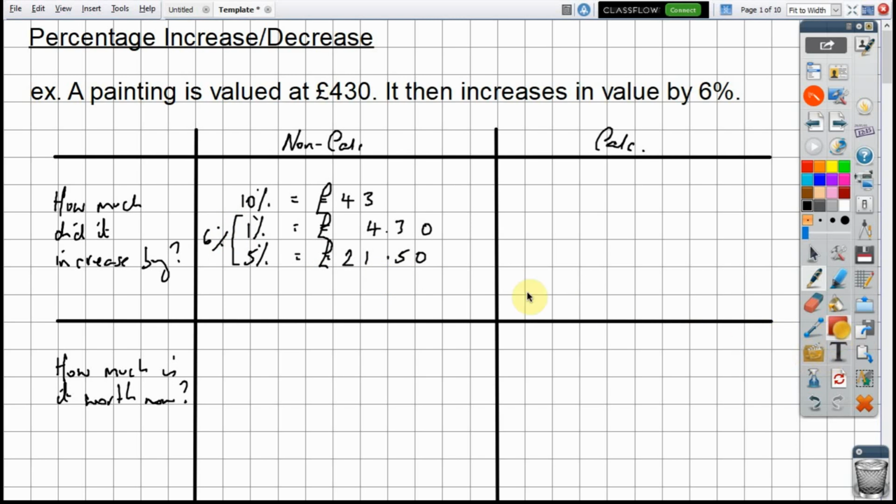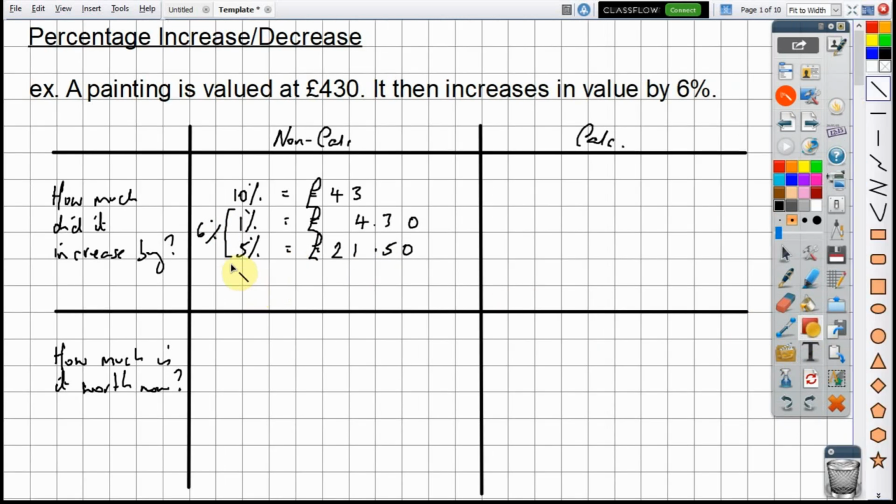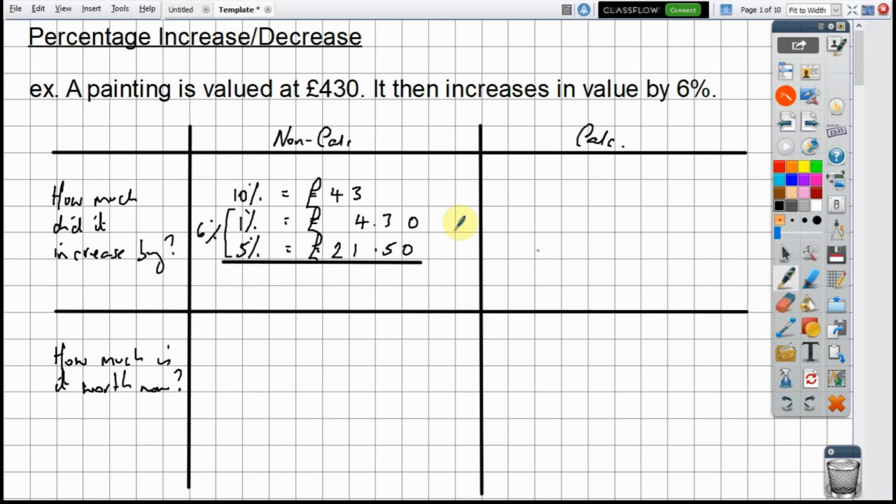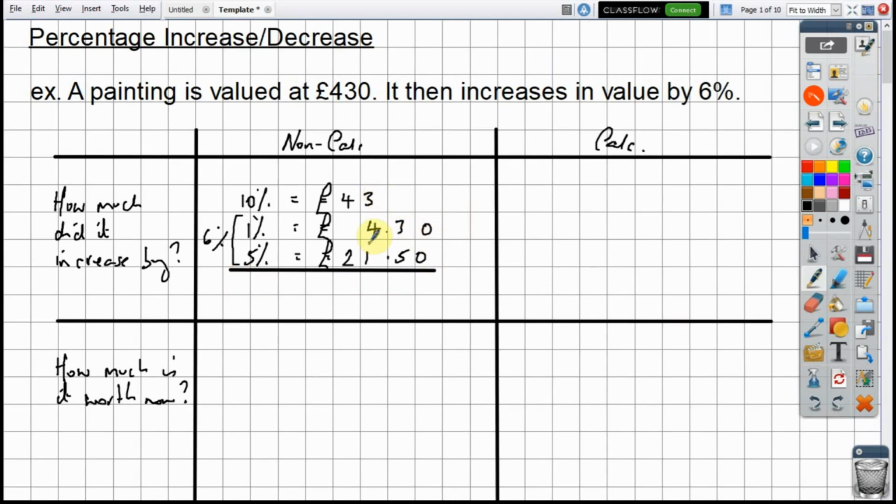So, probably the best way to set it out is simple column addition. You'll notice that I've deliberately kept the money lined up, units, tens, decimal place, all lined up nicely. So 6% equals, now we've got to be very careful here.